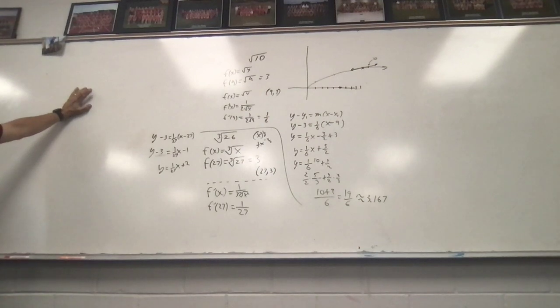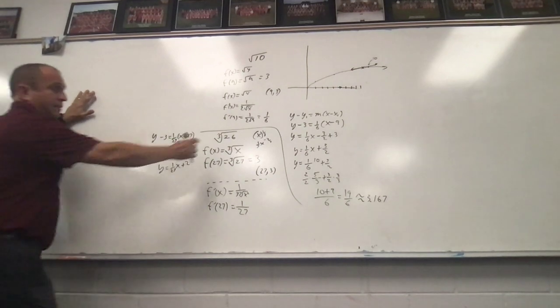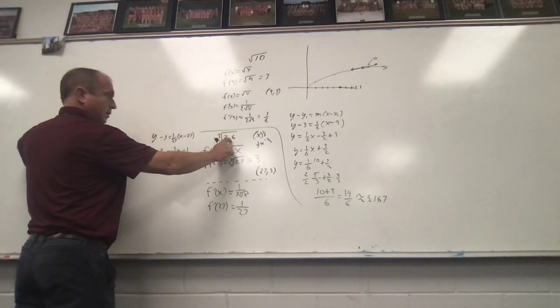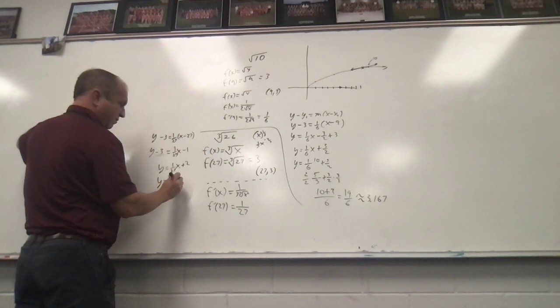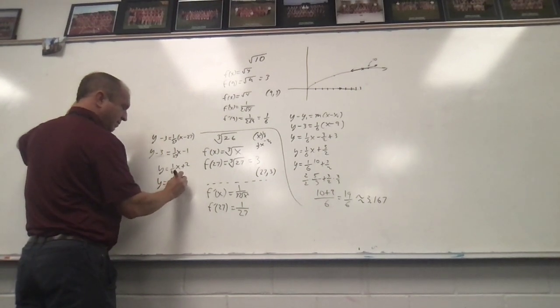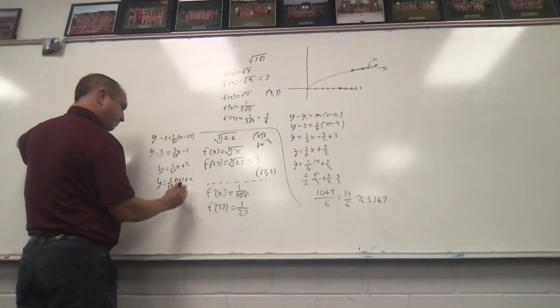All right. So what is the x value that I'm concerned with here? 26. Yeah, this is what I'm trying to approximate. So y is going to equal 1/27 of 26, then plus 2.